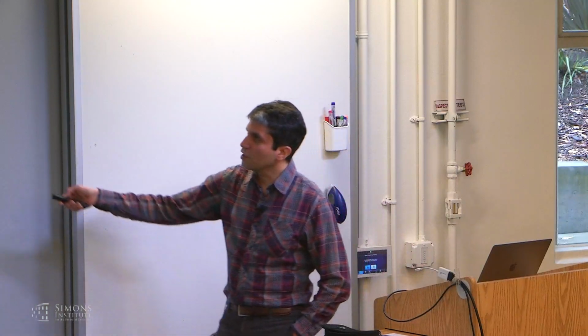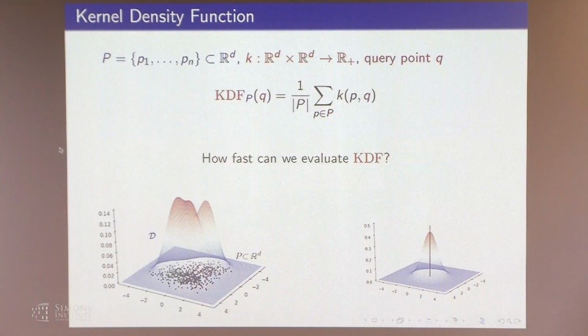If you think about this kernel function, for example, one kind of kernel function that people use is the Gaussian function. This amounts to saying let's take the empirical distribution, let's smear it a little bit, and let's compute the average of this smeared distribution. People care about this kind of calculation in this setting, but also in a number of other settings.